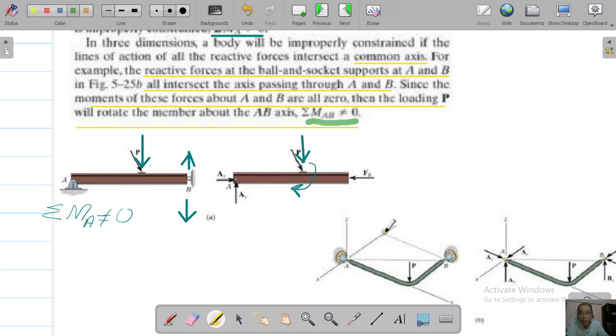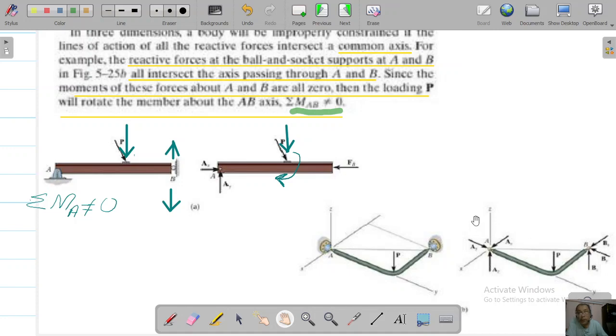So one of the scenarios is this: the reactive forces at the ball and socket supports at A and B all intersect the axis passing through A and B. You can see this and this, they are all intersecting the axis.